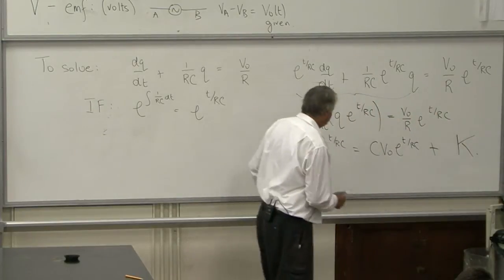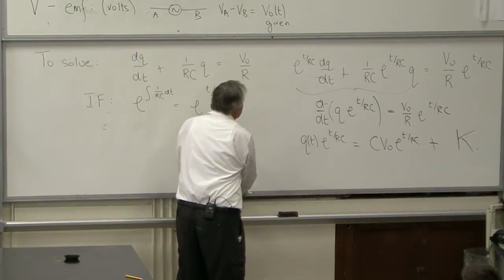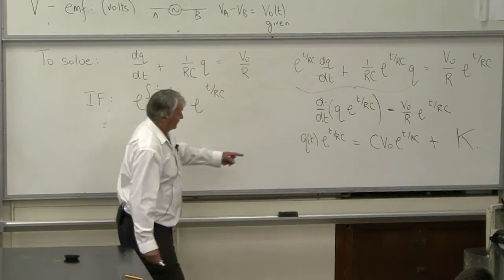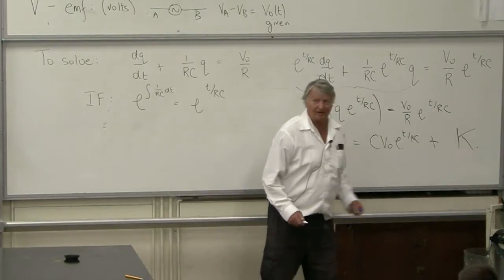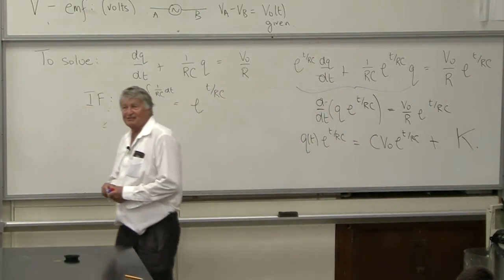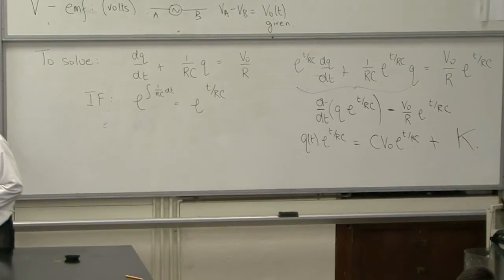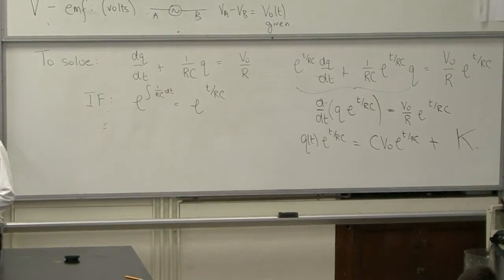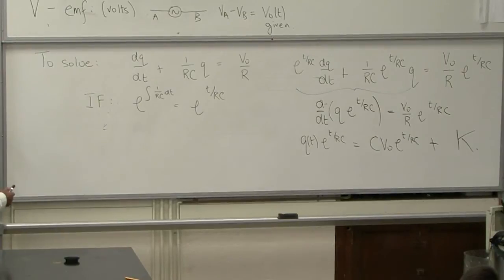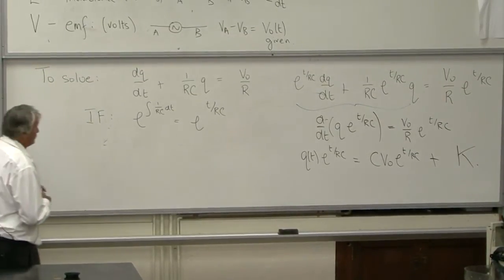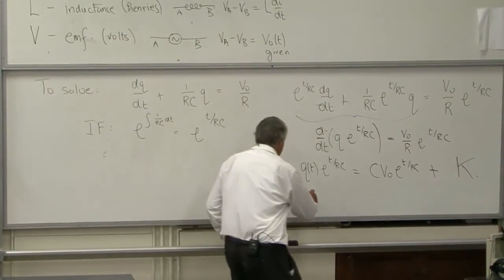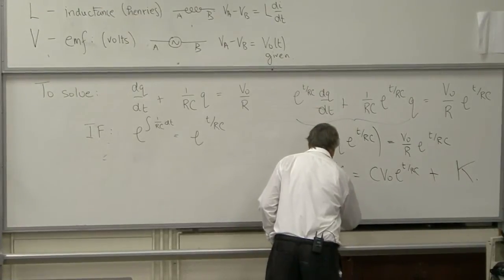Good choice. Now, to determine which member of this family of curves, q versus t, in the qt plane, that I particularly want, I go to the initial condition. Q of 0 is 0.